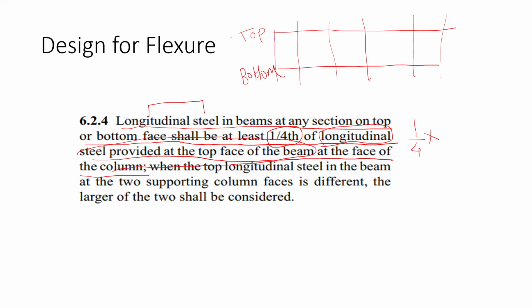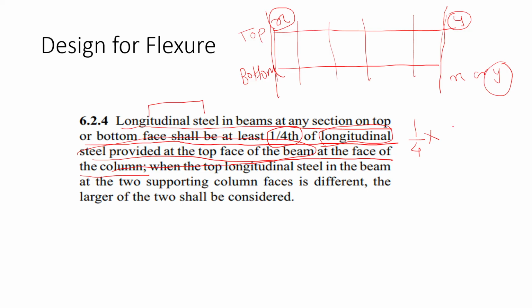Suppose at the top face of the beam we have provided x amount of steel and y amount of steel at the other end. Then we have to provide one fourth. Suppose this is the column face and this is the column face. Near this column face at the top, the beam reinforcement is x, and at this one it is y. So you have to see which one is greater, x or y.